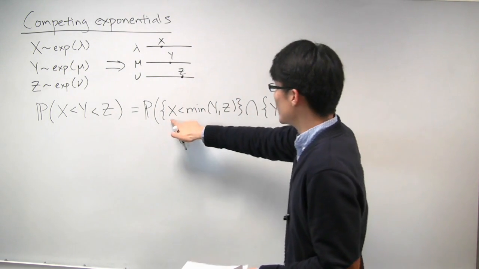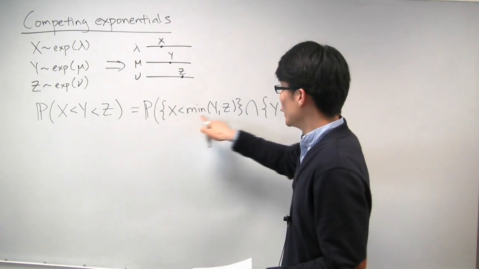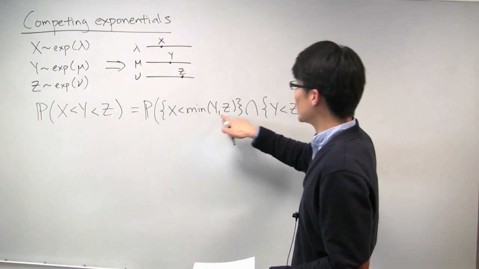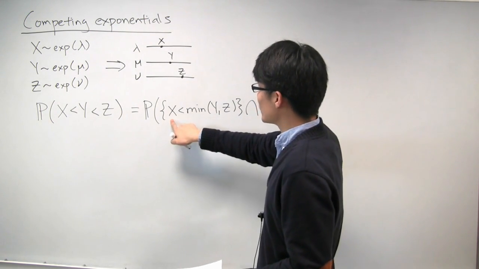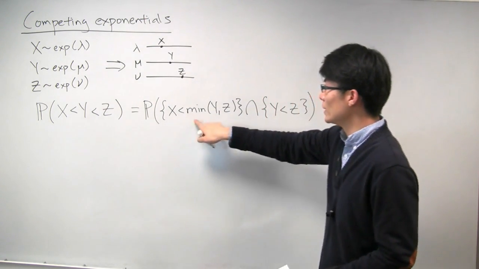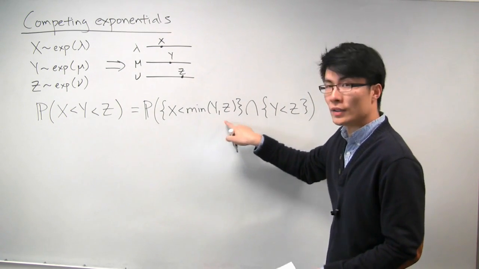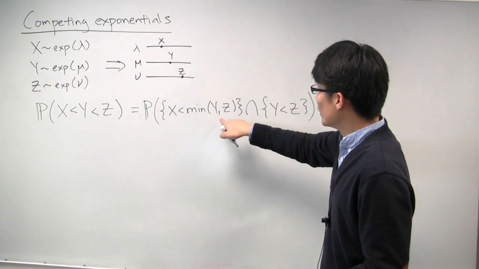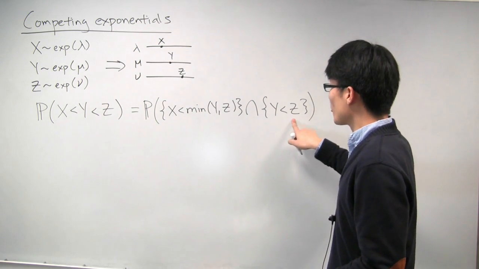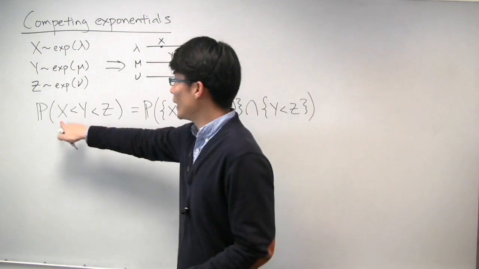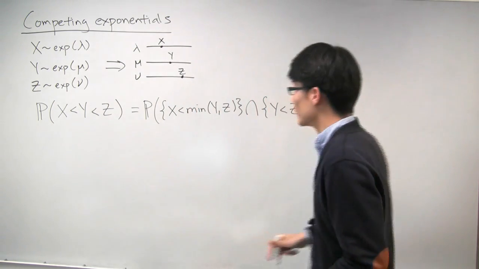It means that X comes in first, and it doesn't matter whether Y or Z comes in second. So X has to beat the better of Y and Z. Combined with the fact that Y does better than Z, that's the same as saying X is first, Y is second, and Z is third.